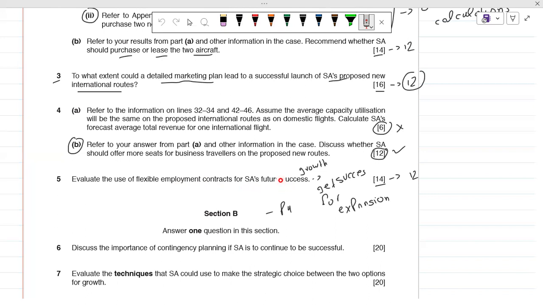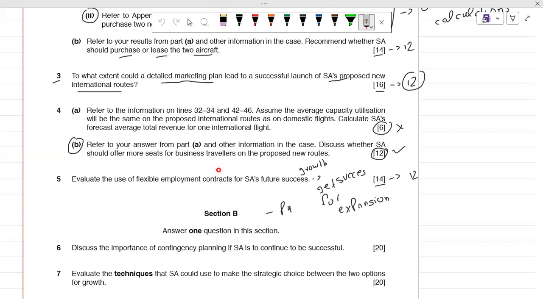After that, we have to write a conclusion paragraph. In the conclusion, we will sum up all the analysis and evaluation points which we write in the positive and negative points. Okay, so this is the structure of the 12-mark question.